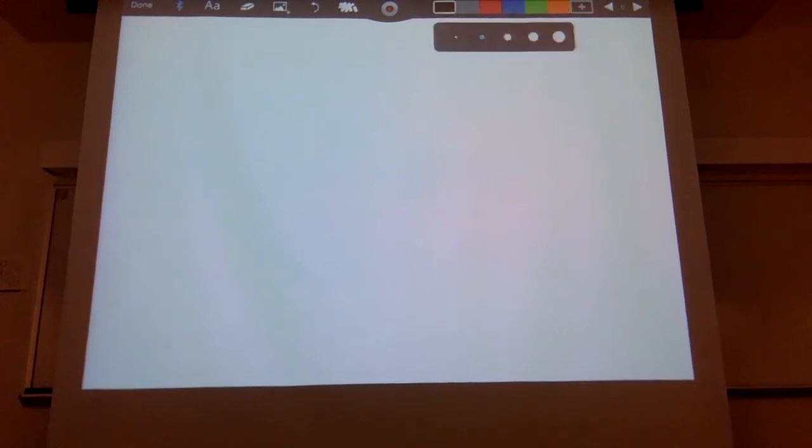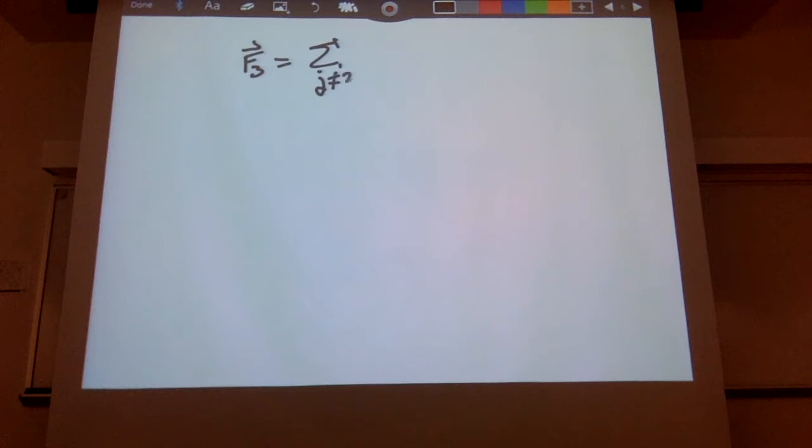Now, because the force between two point charges abides by the superposition principle, that means the electric fields do as well. So remember, if we were looking at the force on the third particle by all of the other charges, I'll write this as the sum over j not equal to 3 of F3j.